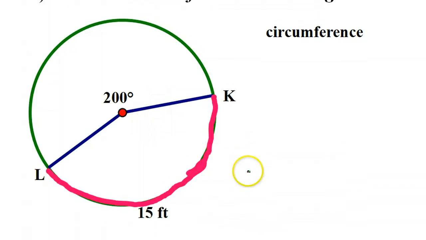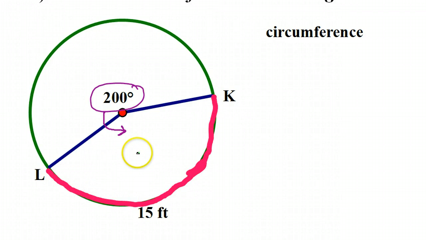Now, before we get too far gone, this 200 is the wrong angle. We need the one that goes with the arc length that we were given.